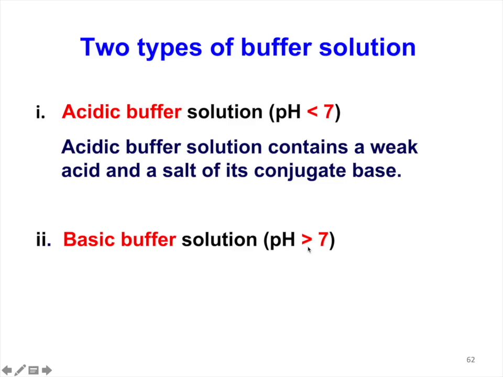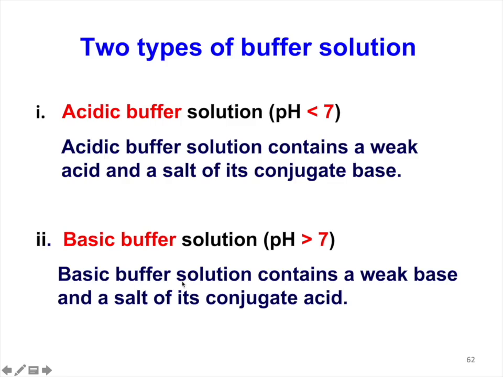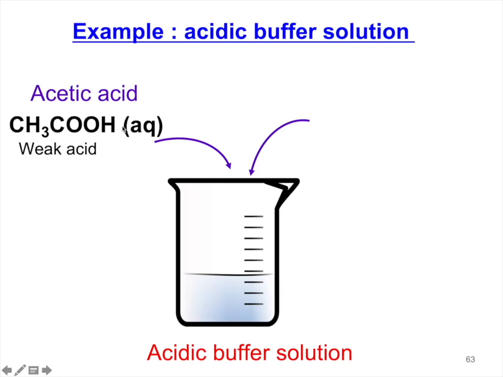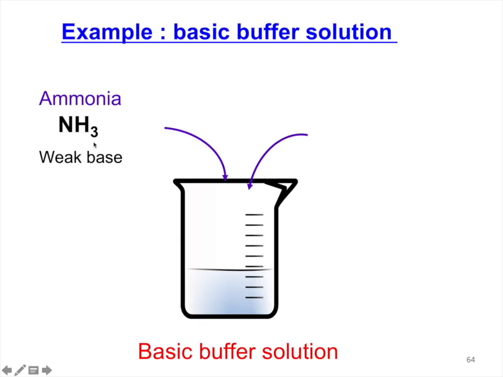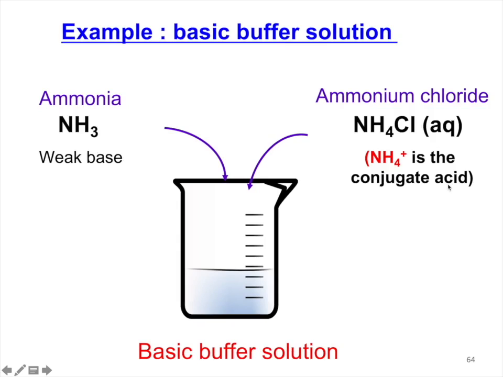And these basic buffer solutions contain a weak base and a salt of its conjugate acid. Example of an acidic buffer solution is acetic acid and sodium ethanoate. An example of a basic buffer solution is ammonia and ammonium chloride. So NH4+ here is the conjugate acid.